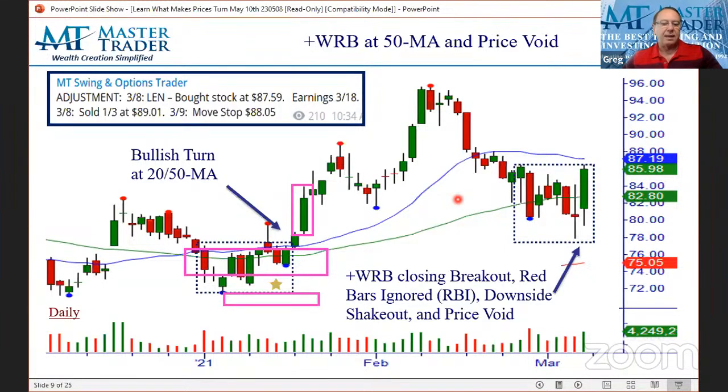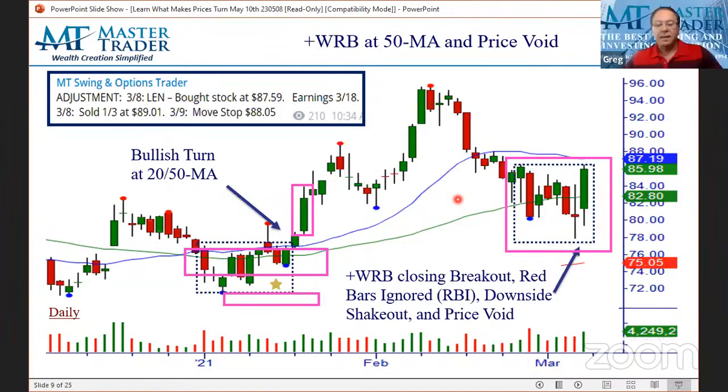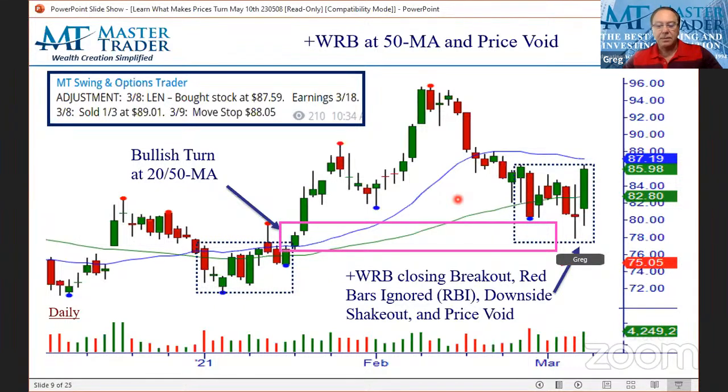You have to accept that. Whereas this one, take it away. As it comes down into this area of support and it attempts to go down and it doesn't, and then we get a wide range bullish expansion bar with no follow through to this red bar.